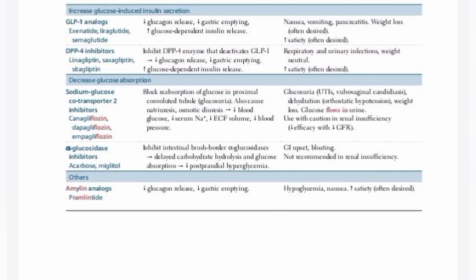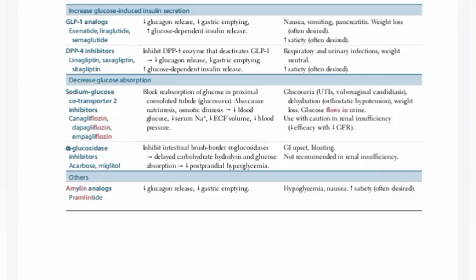The fourth category is decreased glucose absorption. Sodium glucose co-transporter 2 inhibitors. As we have discussed in insulin actions, SGLT1 and SGLT2 transporters are mainly present in intestine and kidneys for glucose absorption.